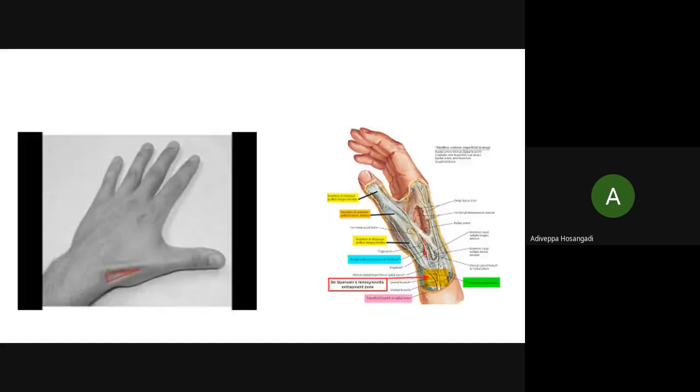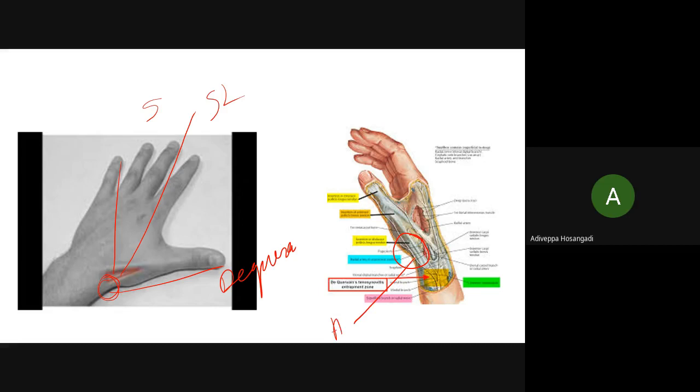See, I was mentioning the anatomical snuff box. Very easy to remember. The importance, as I said, is scaphoid bone fracture, autonomous zone for the radial nerve, and scapholunate ligament injury. And important here, if this part is tender, it is De Quervain disease. De Quervain is tenosynovitis here. There are two tendons at the lateral border of your anatomical snuff box.